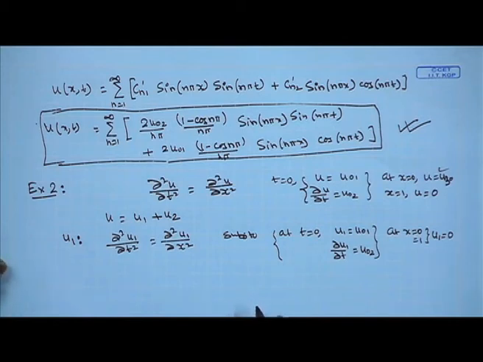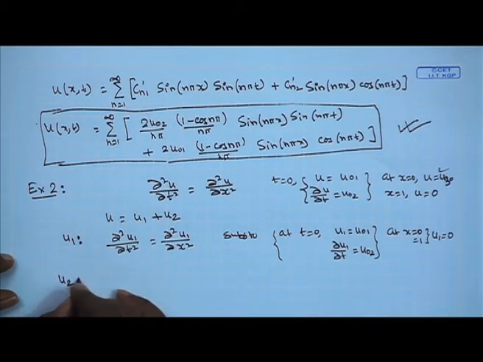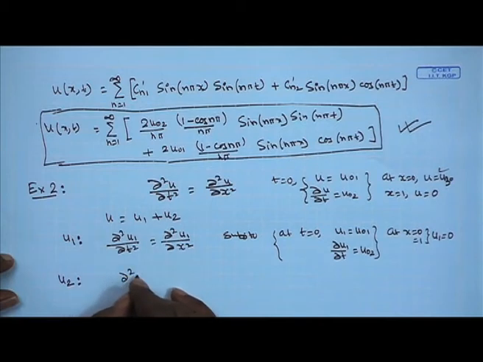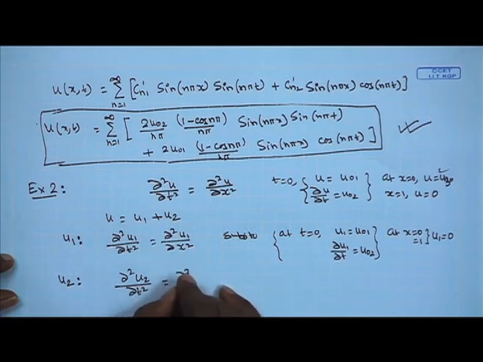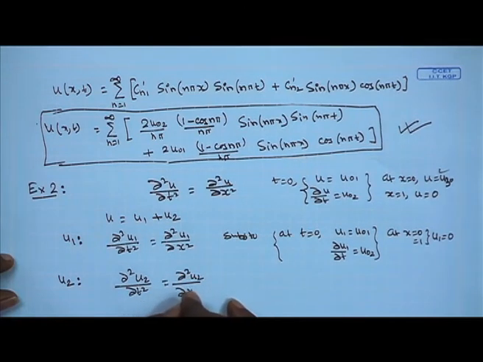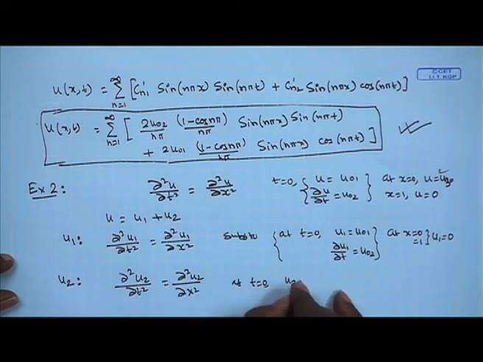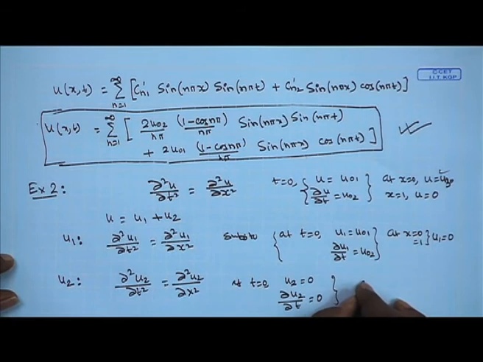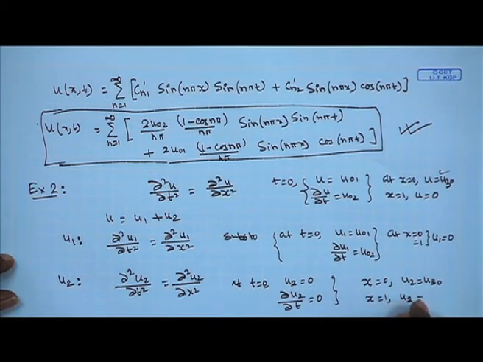Next, we will be looking into the other part, u2. u2 is del square u2 del t square is equal to del square u2 del x square, where at t is equal to 0, u2 is equal to 0 and del u2 del t is equal to 0, subject to x is equal to 0, u2 is equal to u3 naught, and at x is equal to 1, u2 is equal to 0.